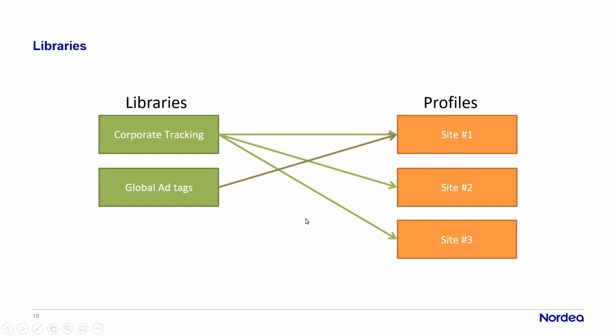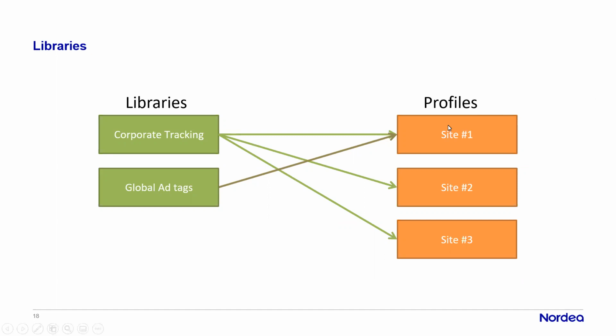But it is also possible to have a different library, for instance, as mentioned here, global ad tags, that is only included in one of the profiles. So that means that if I open the profile from website 1, then it would, when I open it, import the latest changes from the libraries it's connected to.